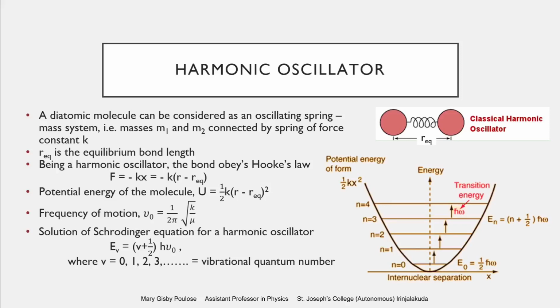Here, v is the vibrational quantum number, and it can have values 0, 1, 2, 3, etc., integral values. In spectroscopy, usually we measure the energies in terms of wave numbers. Hence, by dividing with hc, we obtain epsilon v as (v plus half) nu naught bar. And this is in wave number units, hence the unit is centimeter inverse.